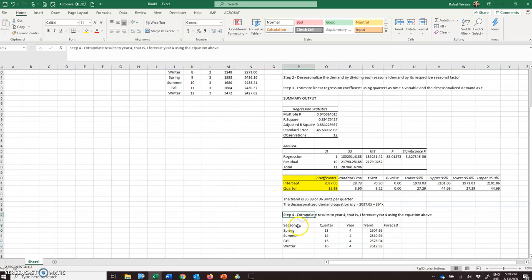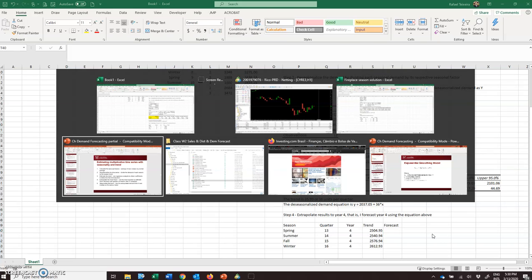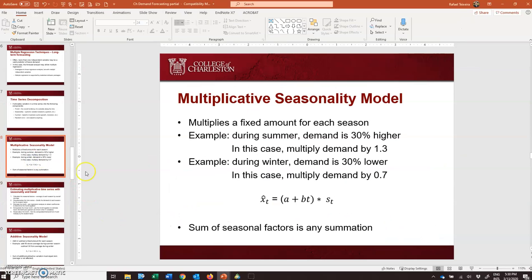Okay, so I stopped here at step 4 with the quarters, the year, and computing the trend. So you know that this is the trend that moves along the time. Now I have to come up with the forecast. The forecast, remember from our slides, is the demand, in this case the trend that we just did.